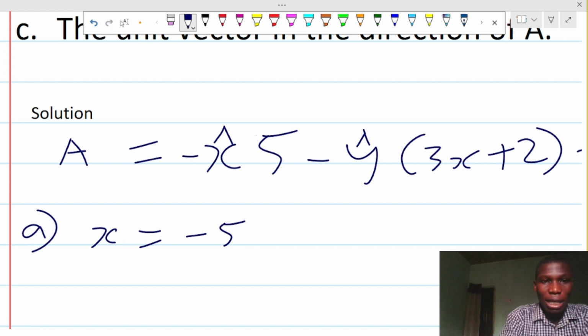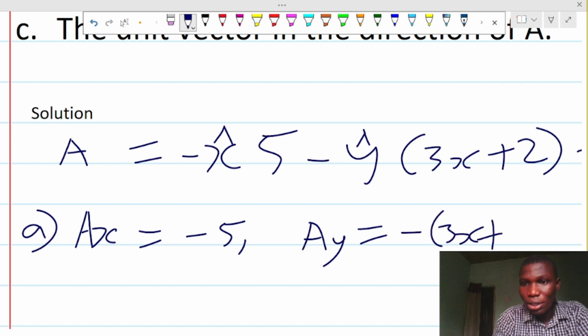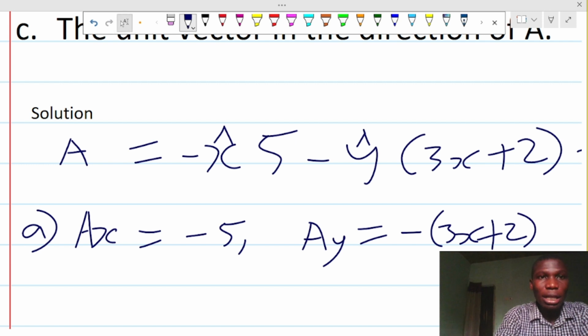Then in the y direction, I think I should write it this way: ax, then ay will be negative 3x plus 2, then az.